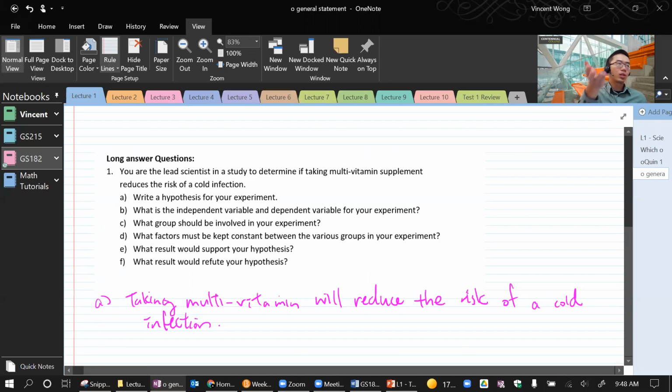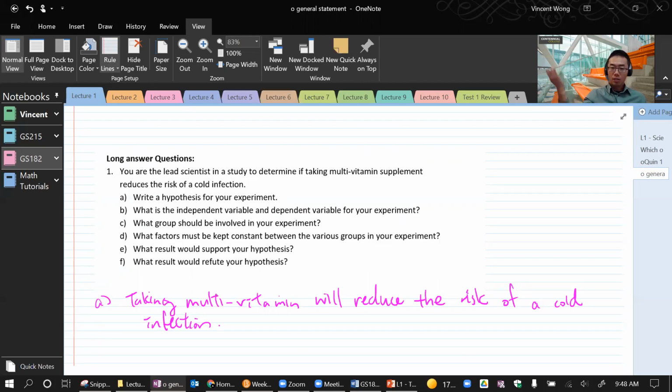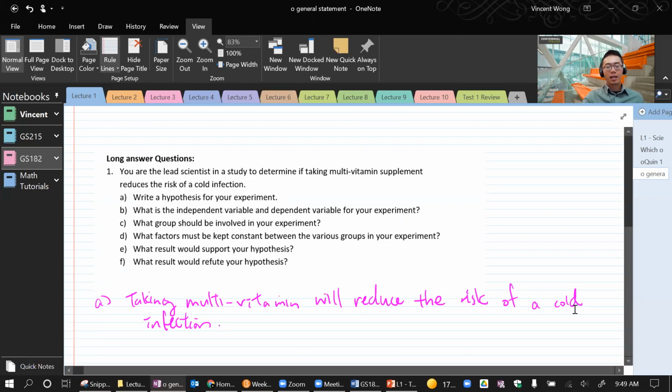Either this is your hypothesis, or you will say it will not reduce the risk of a cold infection. Either it will or it will not. In the unlikely event, if you try to be creative, you could say taking multivitamin will increase the risk of a cold infection. But logically speaking, this will be my hypothesis.